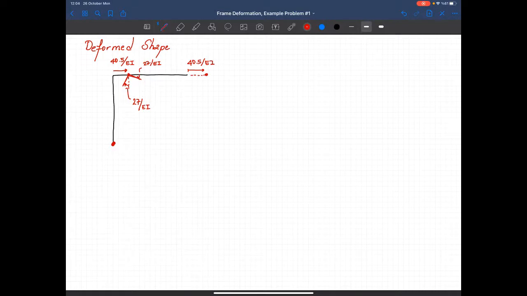This end moves in the downward direction, and the magnitude of that translation is 101.25 over EI, and we see again a clockwise rotation by a larger rotation, just I exaggerated it, and this is 36 over EI. Here everything is 0, so we should see a deformed shape, and in this column something like that.